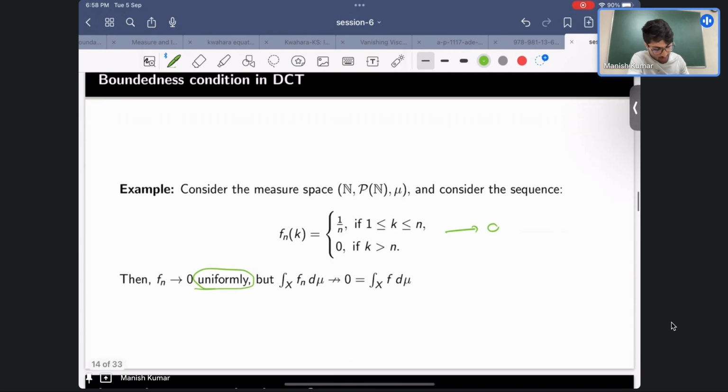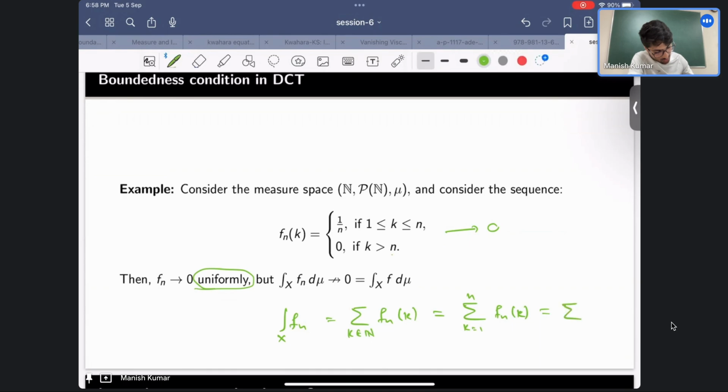The next thing is, what is the integral of fn over x? As I have mentioned, this integral is nothing but the summation, summation fn of k, where k belongs to the natural numbers. Since after n this is 0, this is summation k equal to 1 to n of fn of k, because the rest of the things are 0. Here fn of k is nothing but 1 by n, which is fixed.